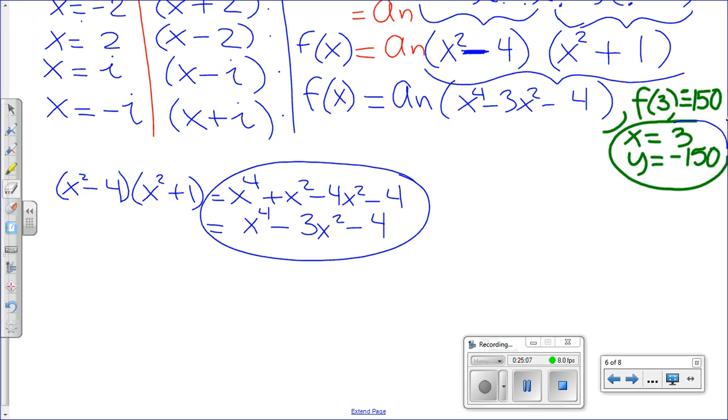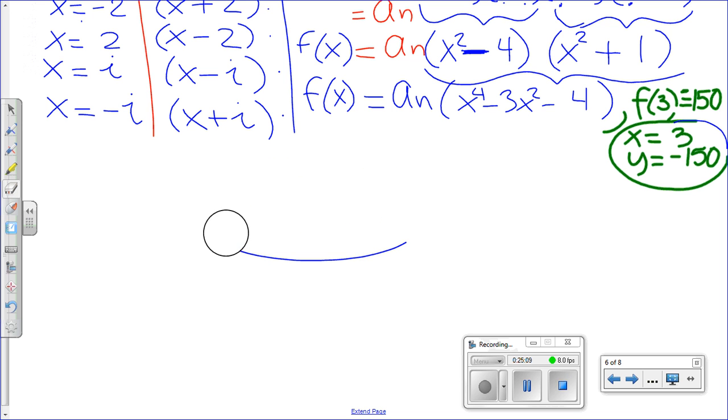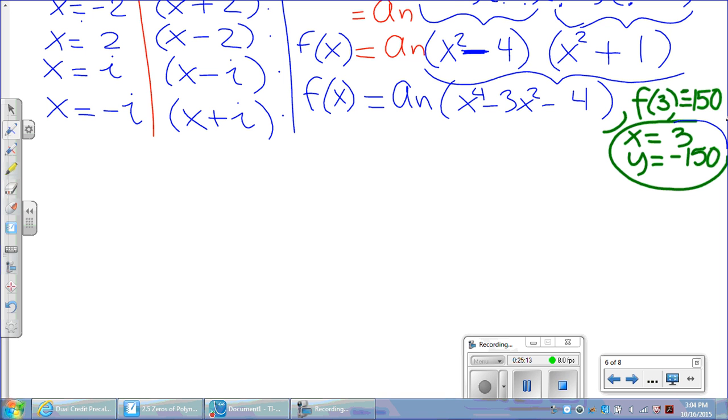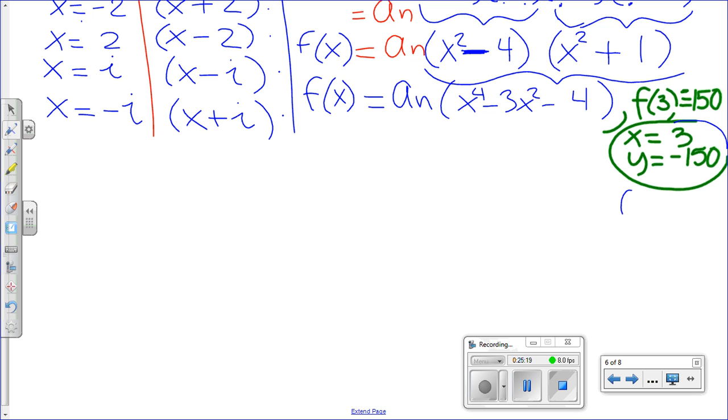So I'm going to make some room here. And so what we're going to do is substitute the function value of negative 150 here. Well, let me do it in steps. So f of 3, we're substituting that with the number negative 150.